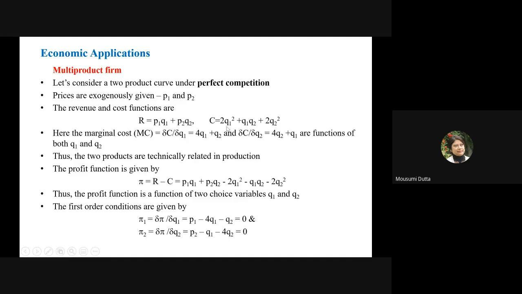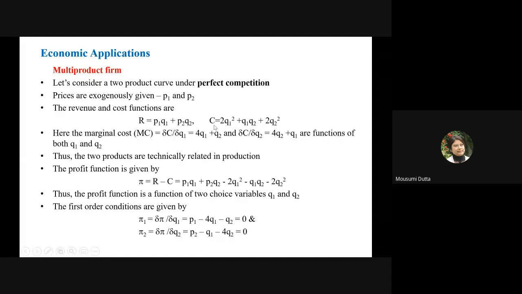Next we are considering the marginal cost equations. Marginal cost means change in cost due to change in 1 unit production of the first commodity, or change in cost due to change in 1 unit production of the second commodity. So there are del C by del Q1.